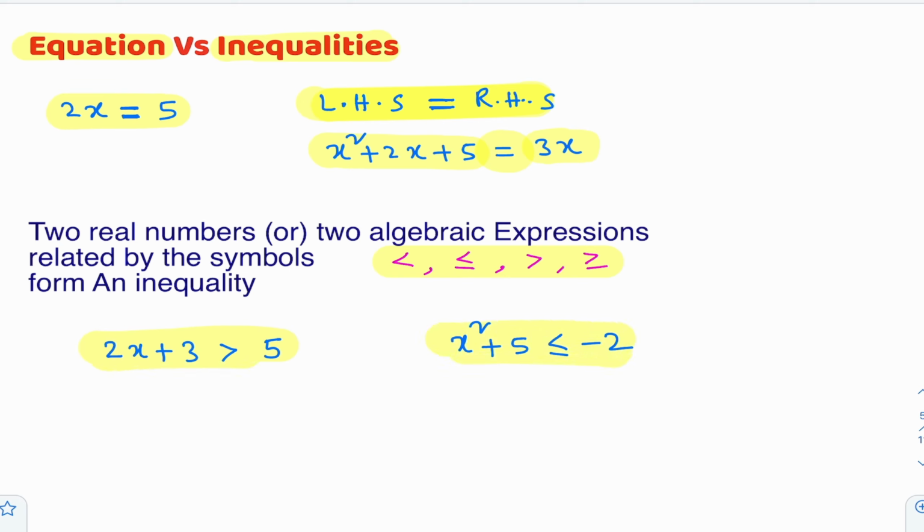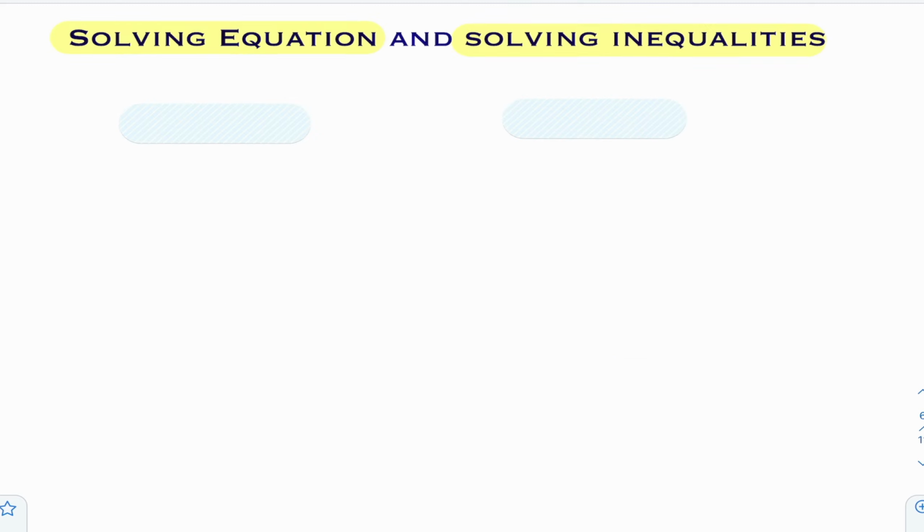So you learned what is an equation and what are inequalities. Okay. See, solving equations and solving inequalities have so much difference. Till now you have done so many equations and found their x values or y values, depending upon the equation. This is one equation, 2x plus 1 equal to 3.